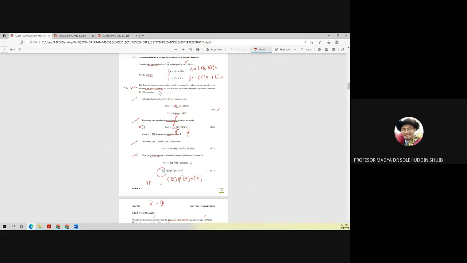This is the state equation, this is the output, so this is 2.14 and 2.15.